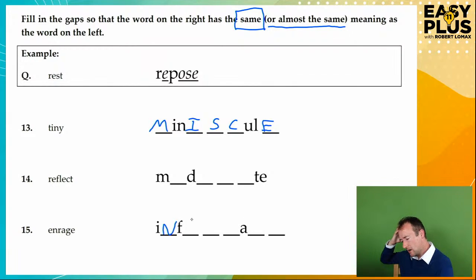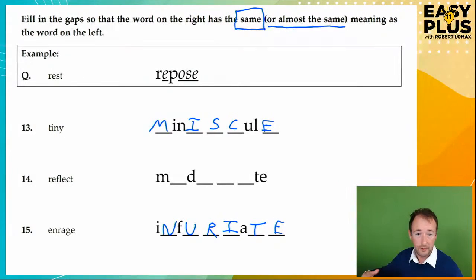O, infor, no. U, infury. Fury is like rage, but if you're carrying on a word, the Y is likely to be an I. That tends to happen when you've got Y ending words that then have a suffix on them. Infuriate, infuriate. To enrage, to infuriate. So again, it's about being systematic, and it didn't take too long.